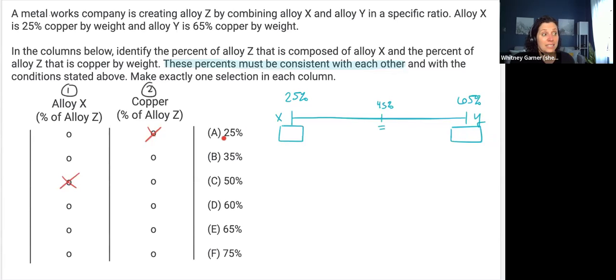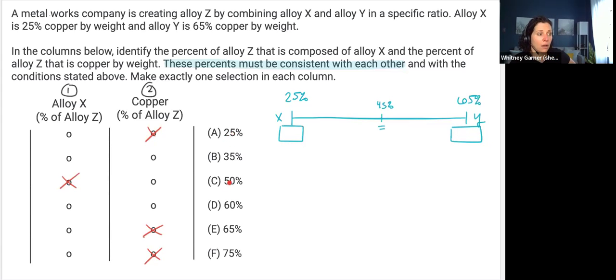Well, I don't have 100% as an option, and so 25 can't be an option for column 2. Same, I don't have a 0%. If there were 0% of X and 100% of Y, it would be 65. So I know that copper can't be anything at or above 65. So I'm going to eliminate both of these.